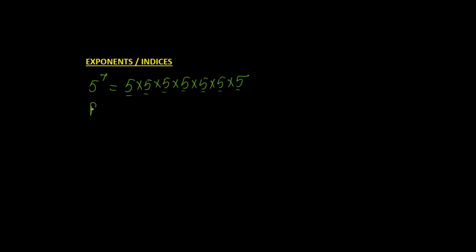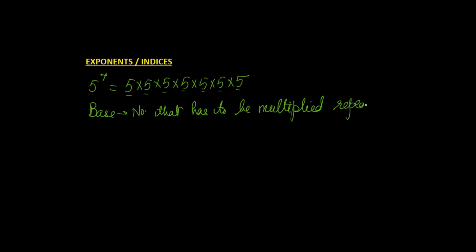So the base actually tells us the number that has to be multiplied repeatedly, and the power, here the power is 7, tells us the number of times the base has to be multiplied.